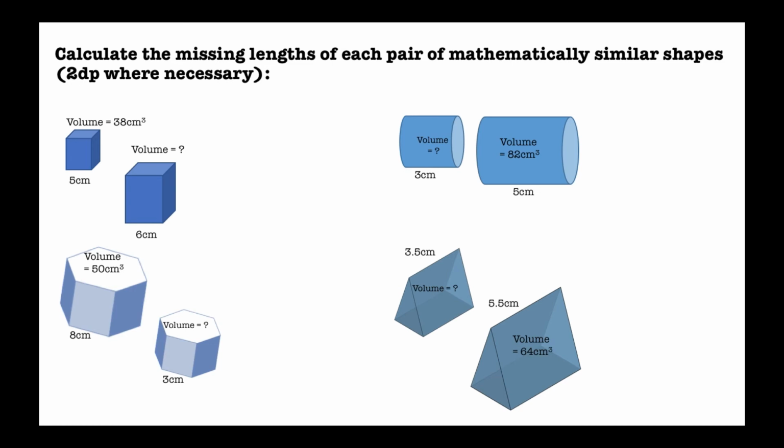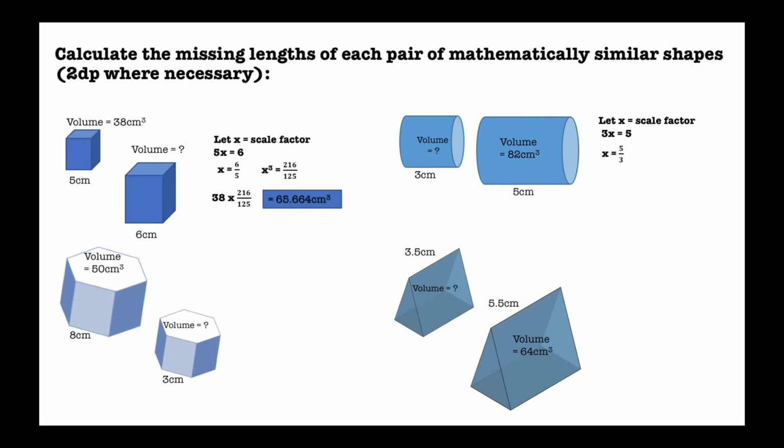So for this first one, we've got 5x equals 6, so x equals 6 over 5. 6 over 5 cubed is 216 over 125. We can times that by 38, giving us an answer of 65.664 centimetres cubed. For the second question, we've got to get from 3 to 5 to find our scale factor. 3x equals 5, so then x must equal 5 over 3. 5 over 3 cubed is 125 over 27.